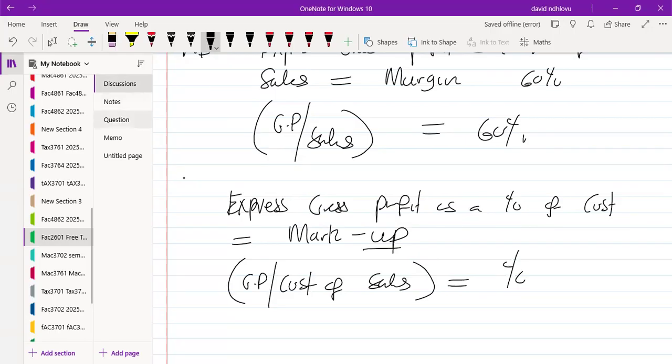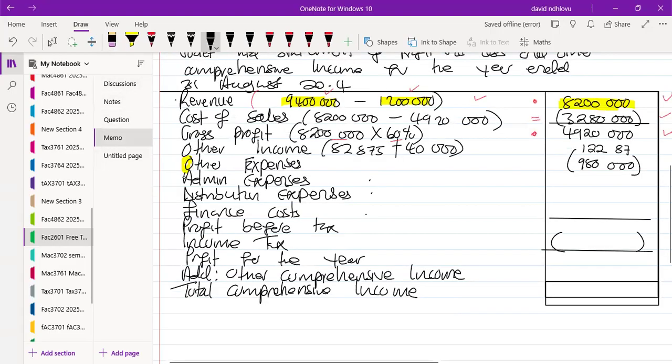So in other words, the question could have already given you this amount. They would have told you that the cost of sales is 3280. Then they tell you that the gross profit percentage is a percentage of cost of sales and they give you the value.